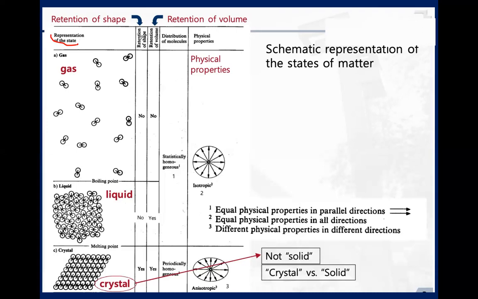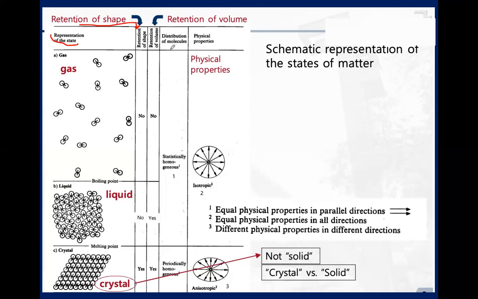The second one says the retention of shape, that means whether the shape can be preserved or not. And the third column, retention of volume, whether the volume can be preserved or not under different conditions.